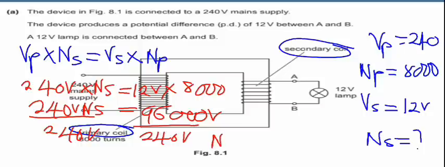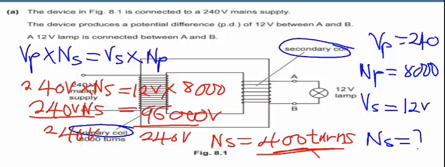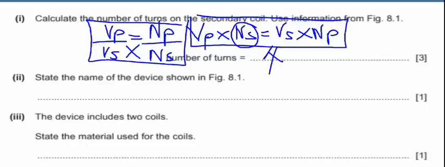The number of turns on the secondary coil is going to be equal to 96,000 divided by 240. I'm going to get 400. So this 400 is just the number of turns on the secondary coil. This one is our answer. So let me just write it here. We have 400 turns.